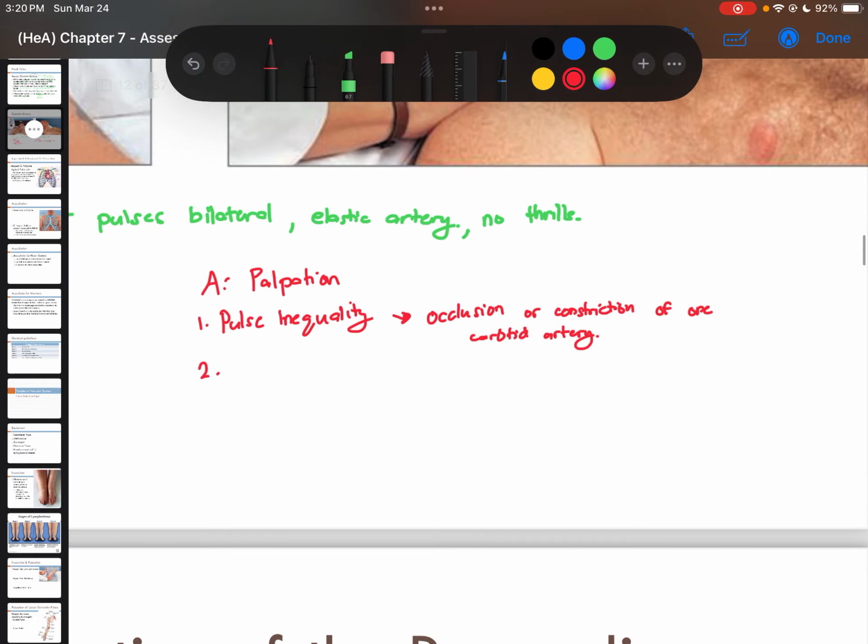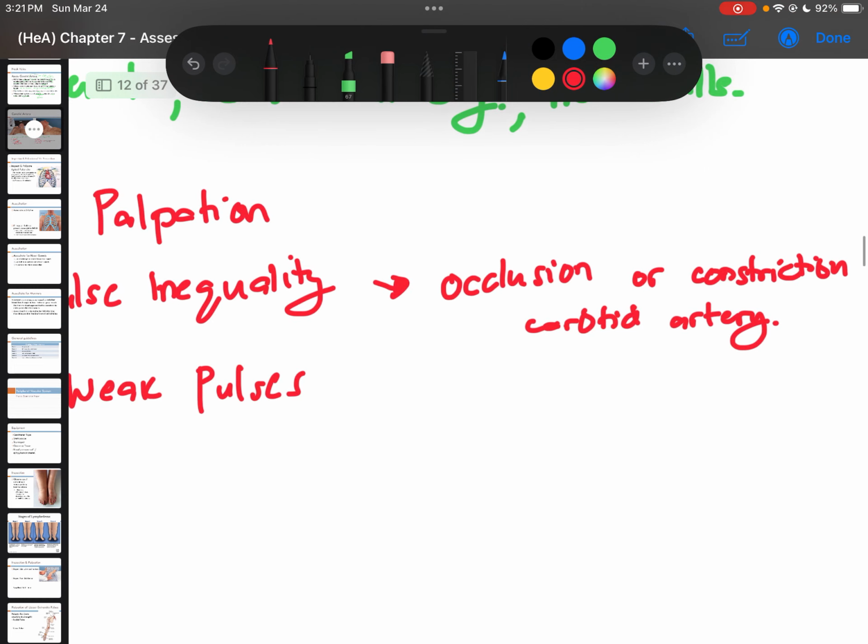Next is weak pulses. Mostly, these are pulses that are +1.